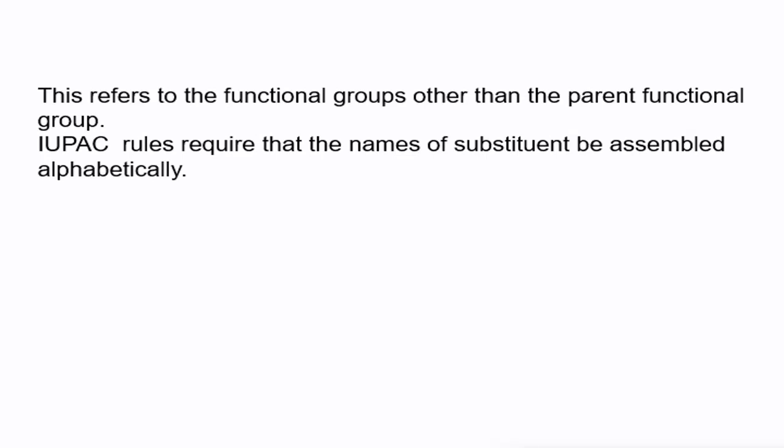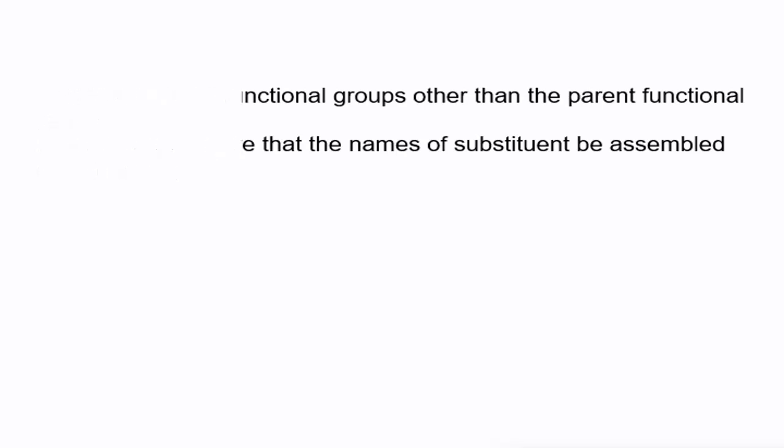When two or more groups are on the parent chain, each of them is named and located by a number. So next, identification of double or triple bonds. And then finally, numbering of the chains and substituents.